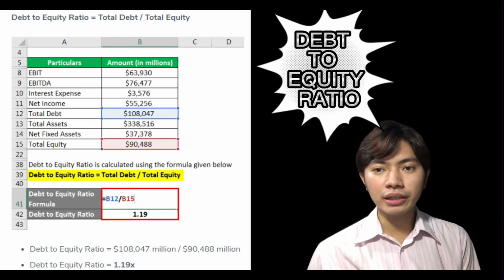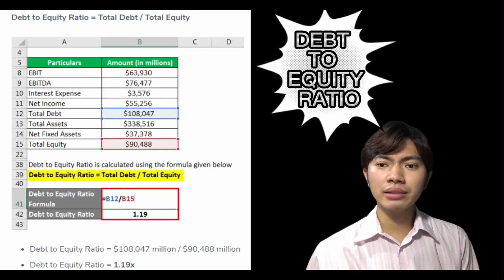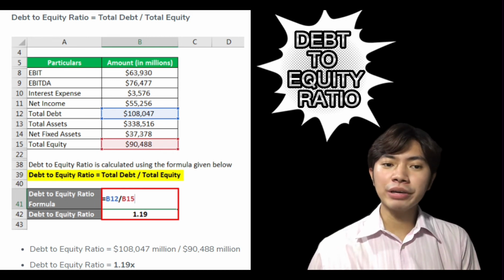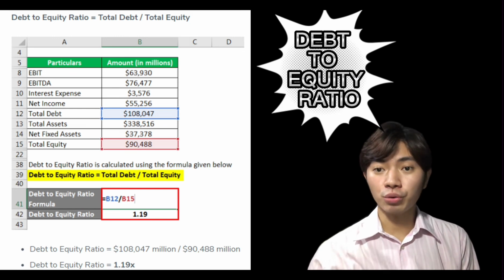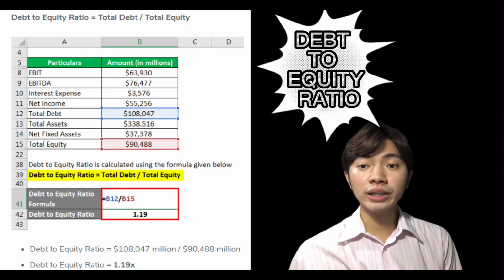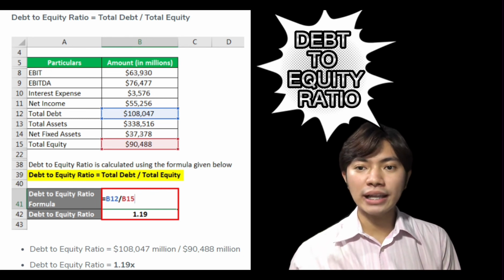So, sa first part ng solvency ratio is yung debt to equity ratio. So, mahalaga ang debt to equity ratio sa company dahil dito nalalaman yung stability of a company and its ability to raise additional capital to grow. Yung formula naman ng debt to equity ratio is equals to total debt divided by total equity.